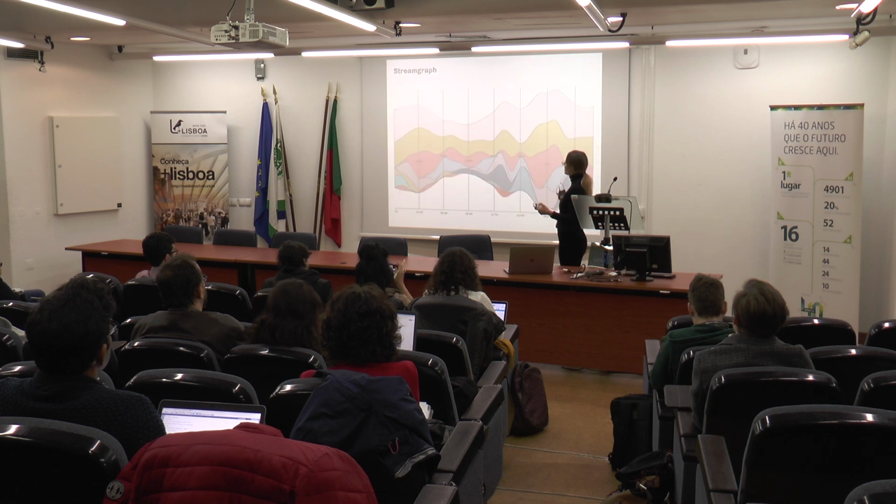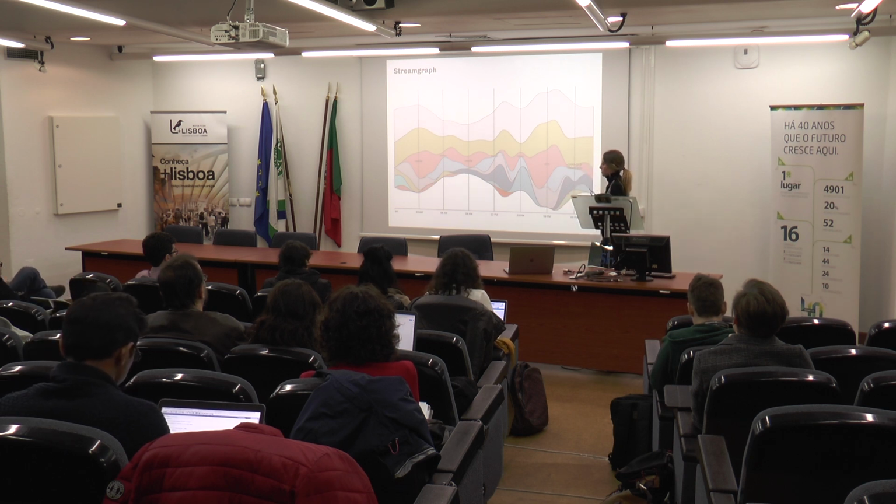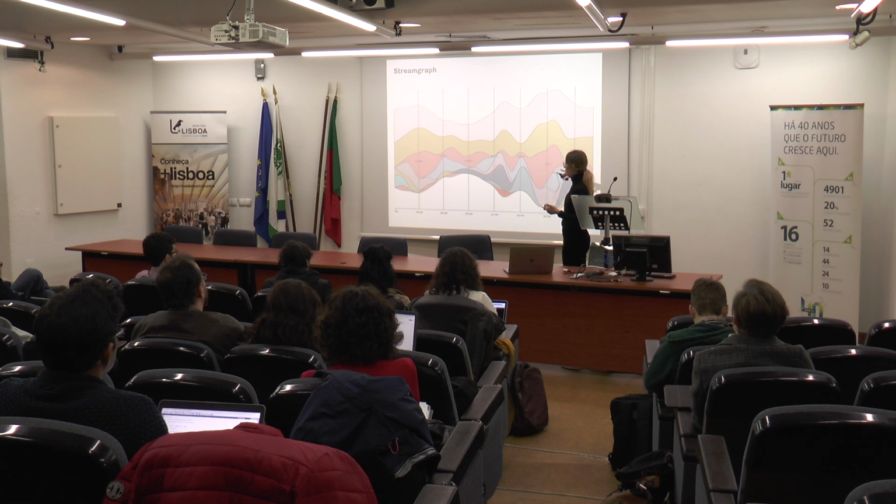So we decided to shift and to try something that was related to time. This is the stream graph, a time-based visualization, and each flow is a topic, and the size of each flow is the importance of each topic.